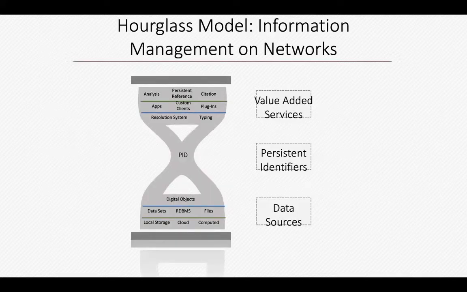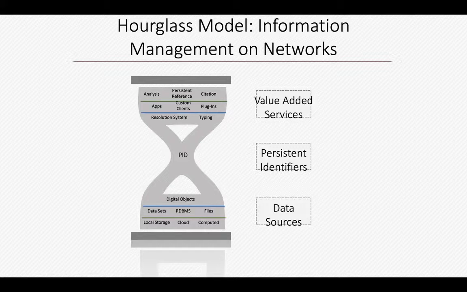If you look at the hourglass model like we did for the internet, you see that we have basically at the bottom the local storage, which is at some level just bits on a disk somewhere, arranged into some relational databases and data sets, some data just held in files as digital objects, the PID being the center of the hourglass, the persistent identifier, with a resolution system and typing.